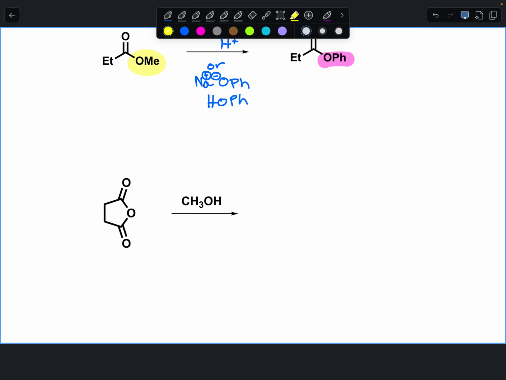The lone pair on oxygen is going to grab the proton, which kicks off the conjugate base of our acid. So what just happened was that we protonated. And in acidic solution, these protons are coming on and off and on and off and on and off.